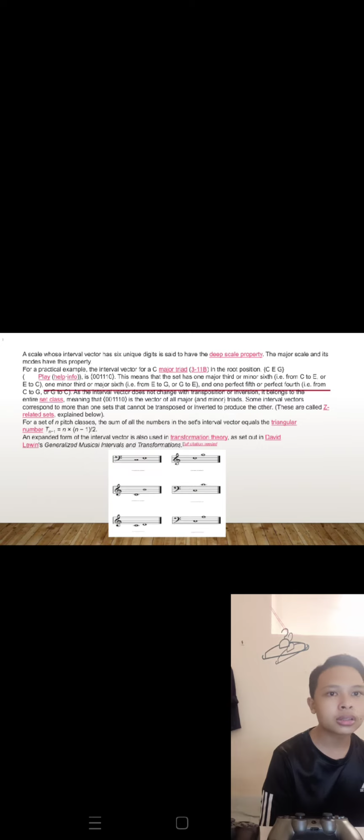These are called Z-related sets, explained below. For a set of n pitch classes, the sum of all the numbers in the interval vector equals the triangular number. An expanded form of the interval vector is also used in transformation theory, as set out in David Lewin's Generalized Musical Intervals and Transformations.